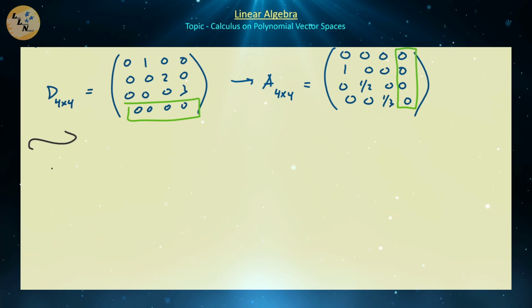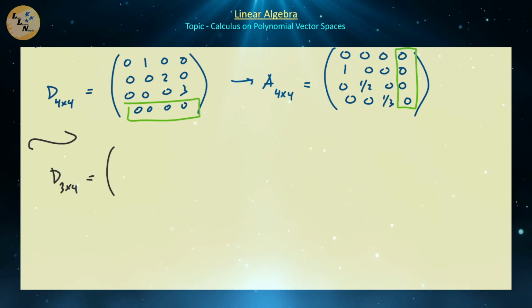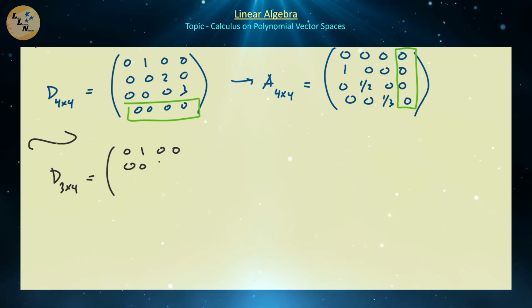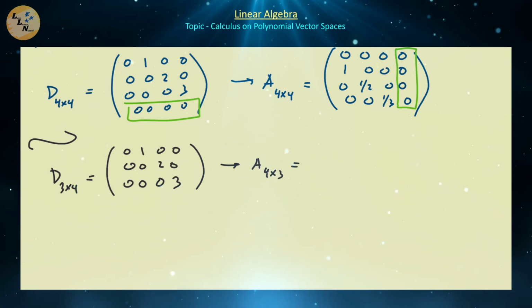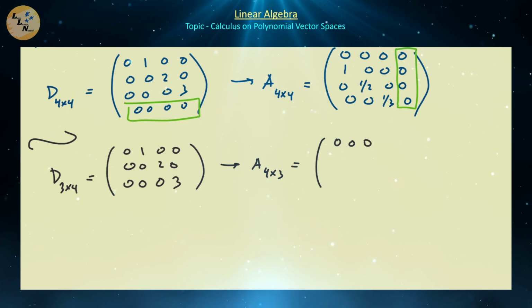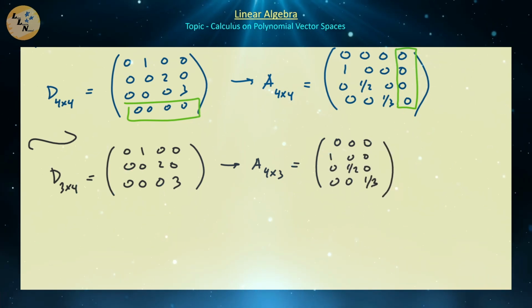For example, you can choose this differentiation matrix to be a 3x4, which would be 0, 1, 0, 0, 0, 0, 2, 0, and 0, 0, 0, 3. And you could, of course, choose the 4x3 matrix for the anti-differentiation matrix to be 0, 0, 0, 1, 0, 0, 0, 1 half, 0, and 0, 0, 1 third.